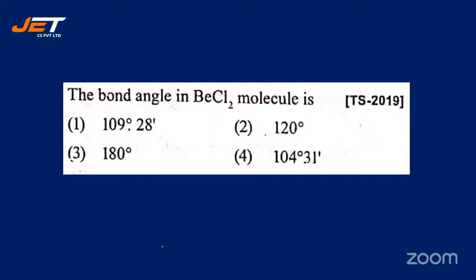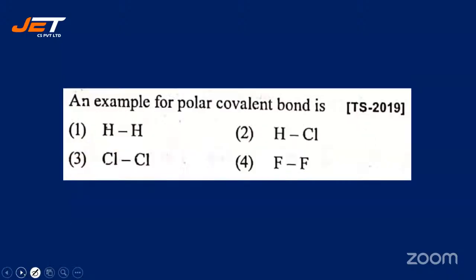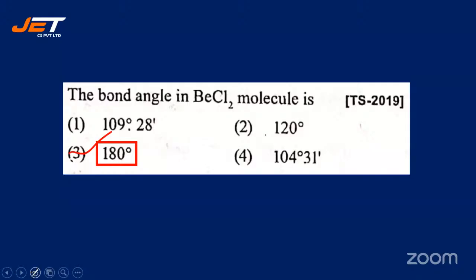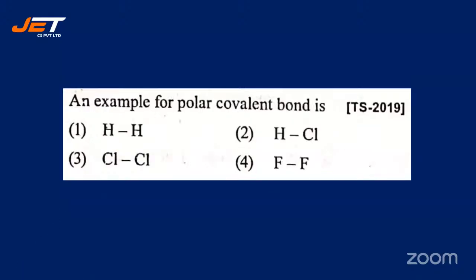Remaining people, any more answers on this question? Jansi mentioned it as option 3. Anil mentioned it as option 3. So majority are with 180 degrees. Yes, that is the right answer. Beryllium chloride molecule, it's a planar molecule with a 180 degrees bond angle.